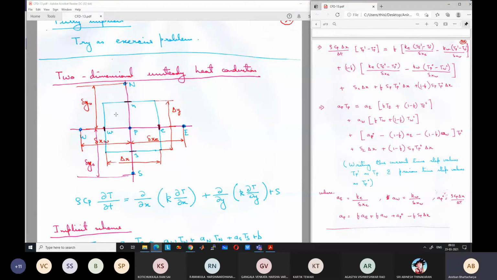So for 2D, we have a two-dimensional control volume, like a square or a rectangle, and it is again represented by the grid point P at the center.